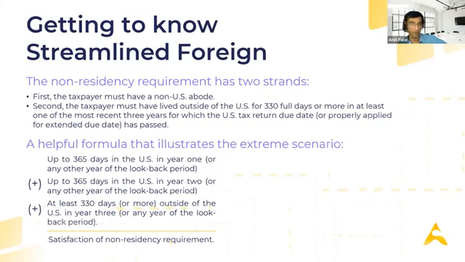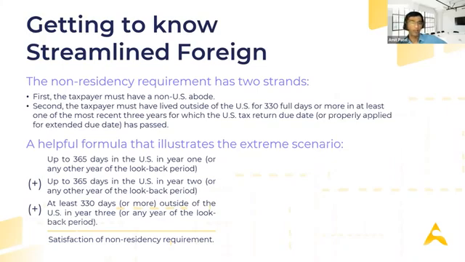Let's take an example. Say you lived in the US for 365 days in year 1. You lived in the US for the second year also for 365 days. In the third year, say you come to know everything in 2022 and your deadline for 2021 has already been missed by this time.